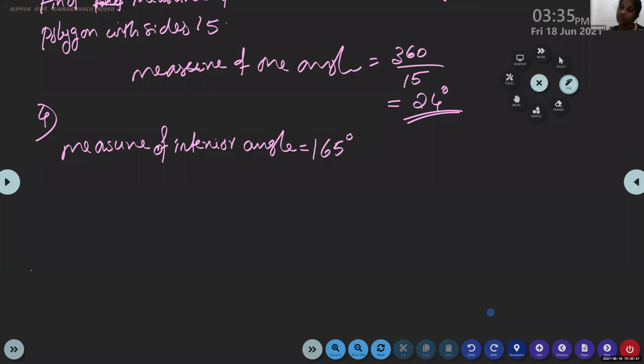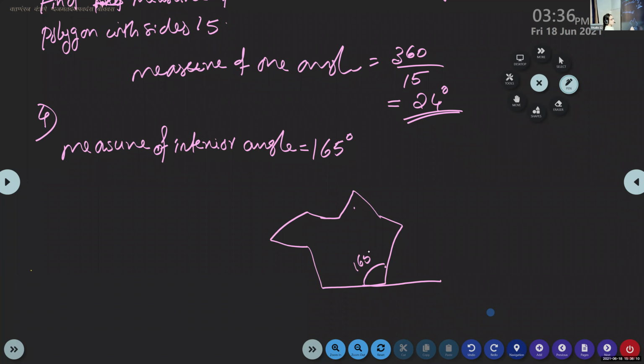360 minus 165. Suppose, Ma'am, this is that regular polygon. All sides are equal, and one of the interior angles is 165. So how will we find the exterior angle? 180, linear pair. 180 minus 165.